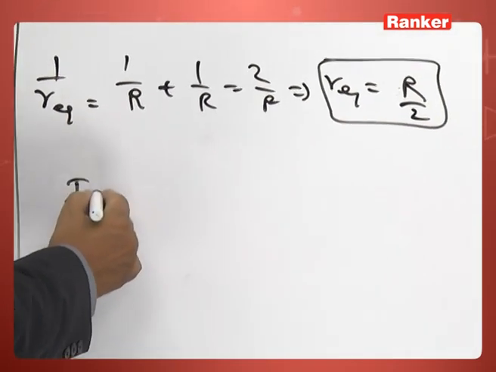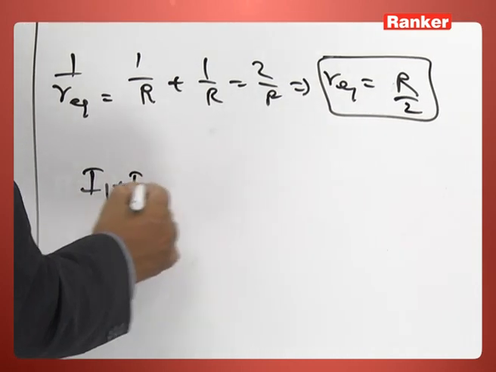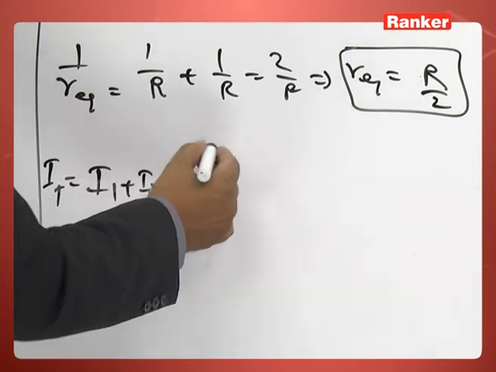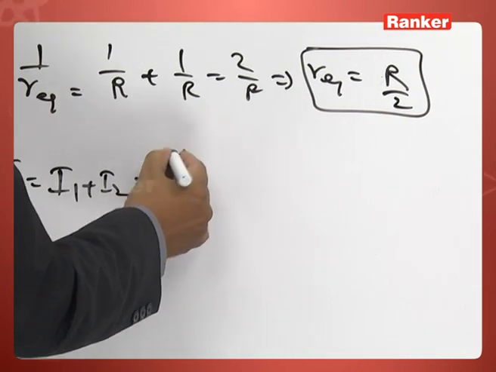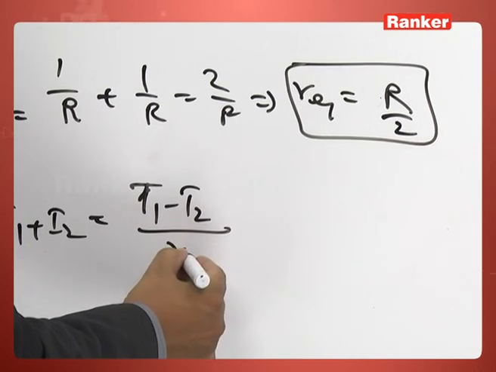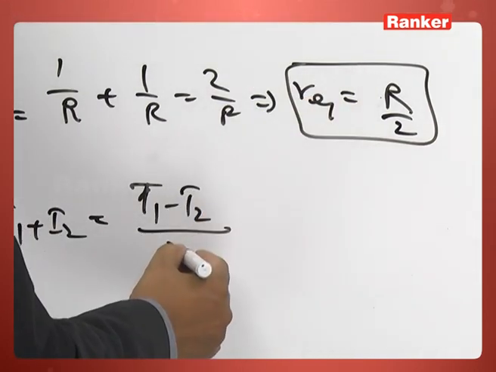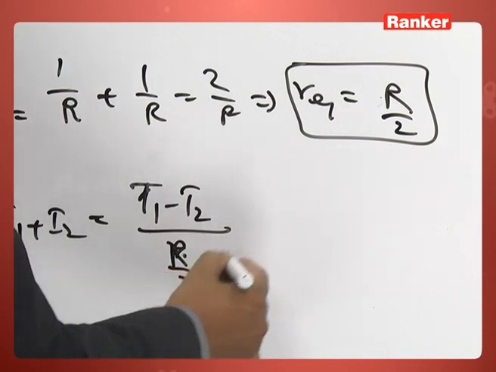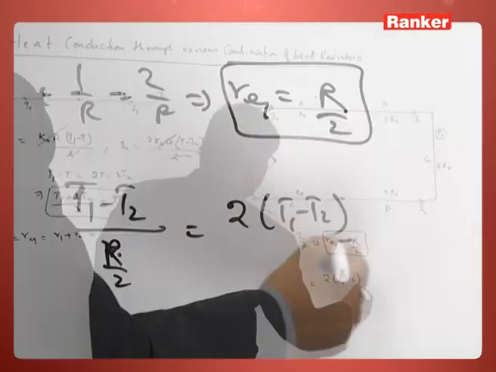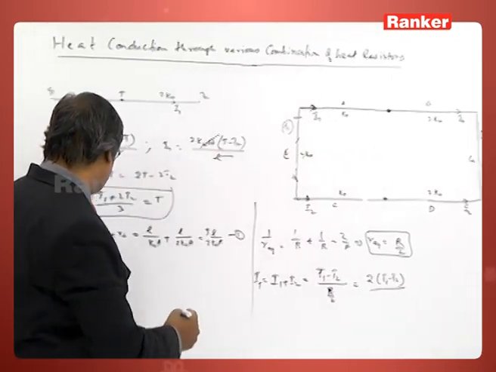So, the heat current I1 plus I2, that is I total, is equal to the difference T1 minus T2 by the total R equivalent, that is R by 2, so 2 (T1 minus T2) by R. Now, what is R?